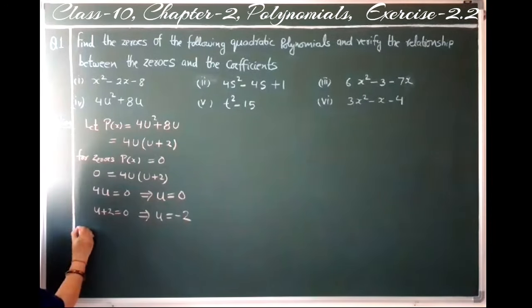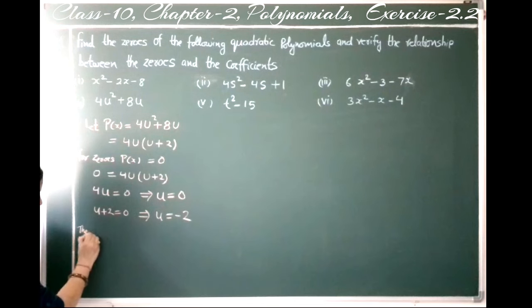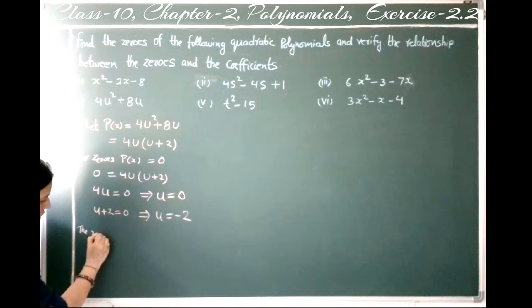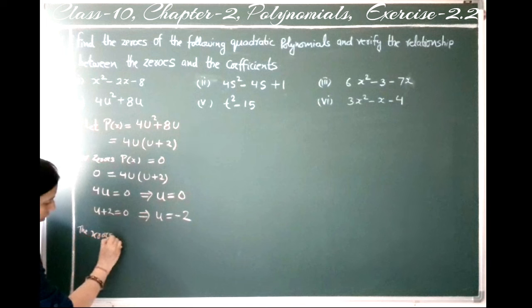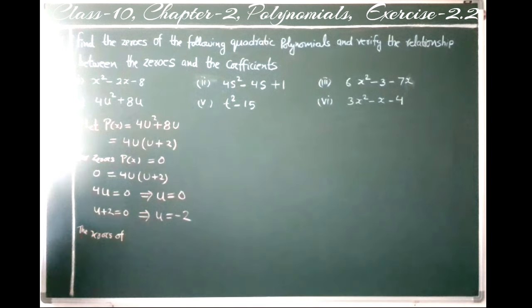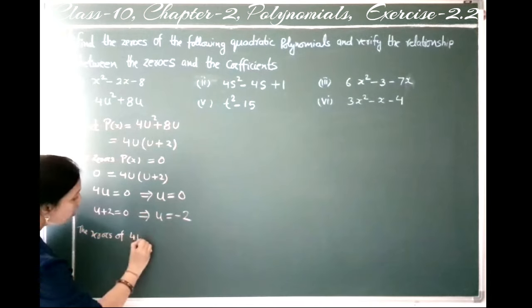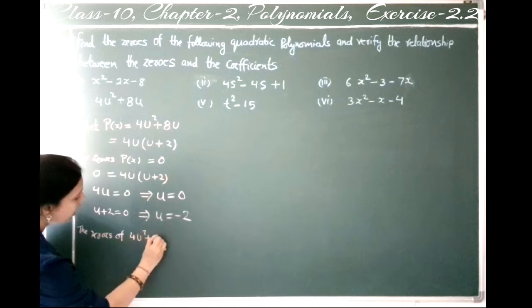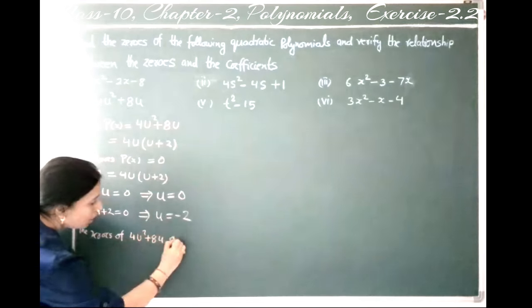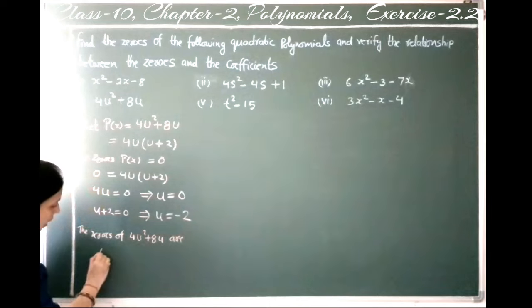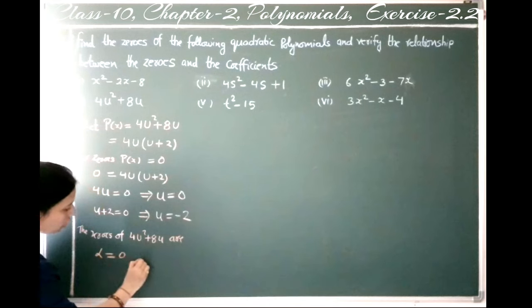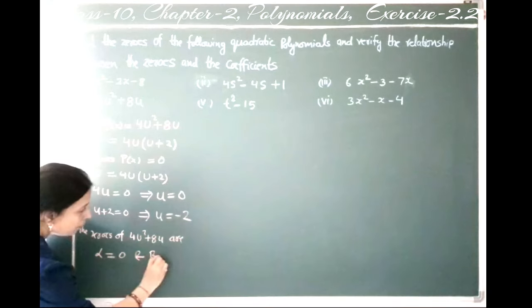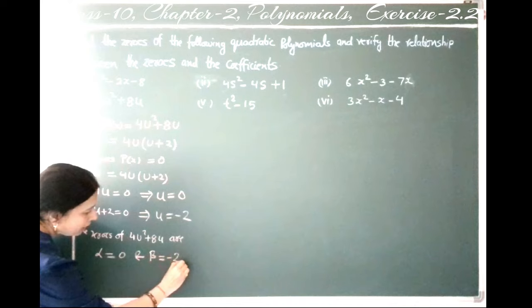That means the zeros of 4u square plus 8u are alpha is equal to 0 and beta is equal to minus 2.